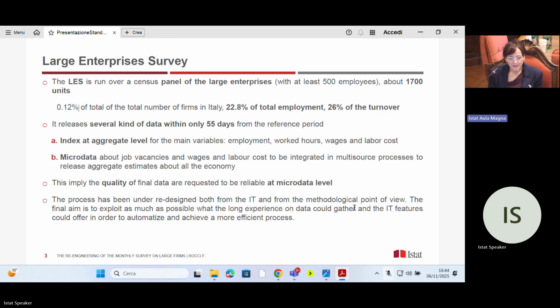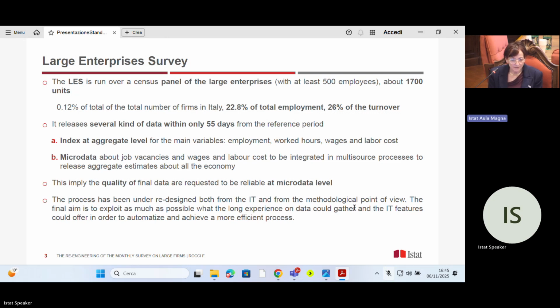It releases indexes at the aggregate level of the main variables: employment, work hours, wages, and labor cost. But it also releases microdata about job vacancies, wages, and labor costs to be integrated in other processes, so as to create multi-source processes.